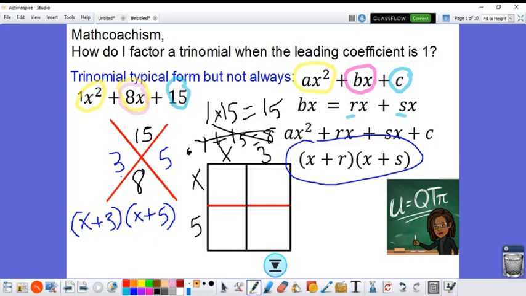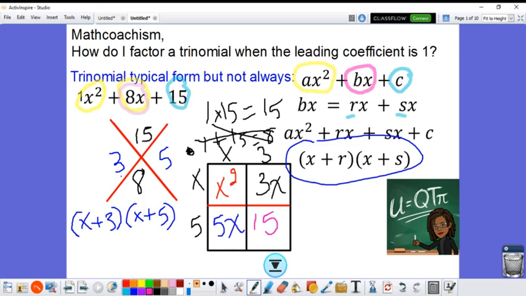And we need to remember we're multiplying. X times x is x squared. X times 5 is 5x. 3 times x is 3x. And 3 times 5 is 15.